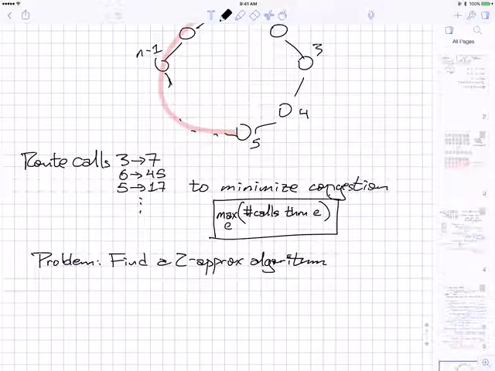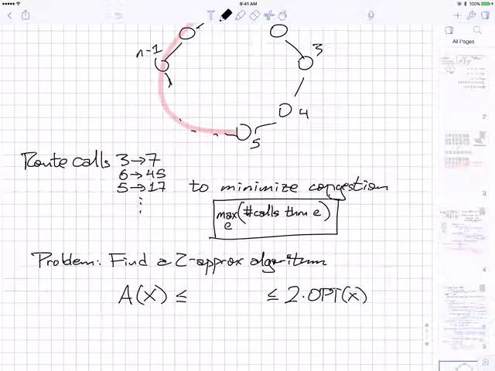So, as usual, when we're trying to find a two approximation algorithm, remember, the goal is eventually to be able to say something like this, where I need to find some function of the input that I can squeeze in between these two as both an upper bound on the cost, the objective value of the solution generated by my algorithm, and at the same time serves as a lower bound for the optimal objective value here. Okay?